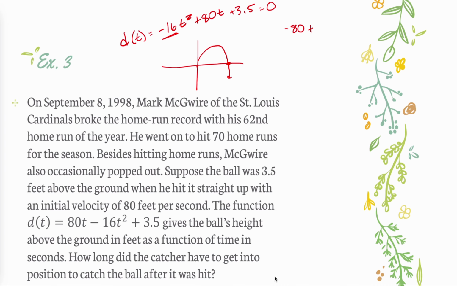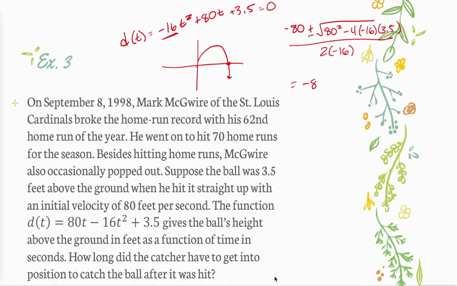So we're going to use the quadratic formula. And so this is going to be negative 80 plus or minus the square root of 80 squared minus 4 times negative 16 times 3.5, all over 2 times negative 16.